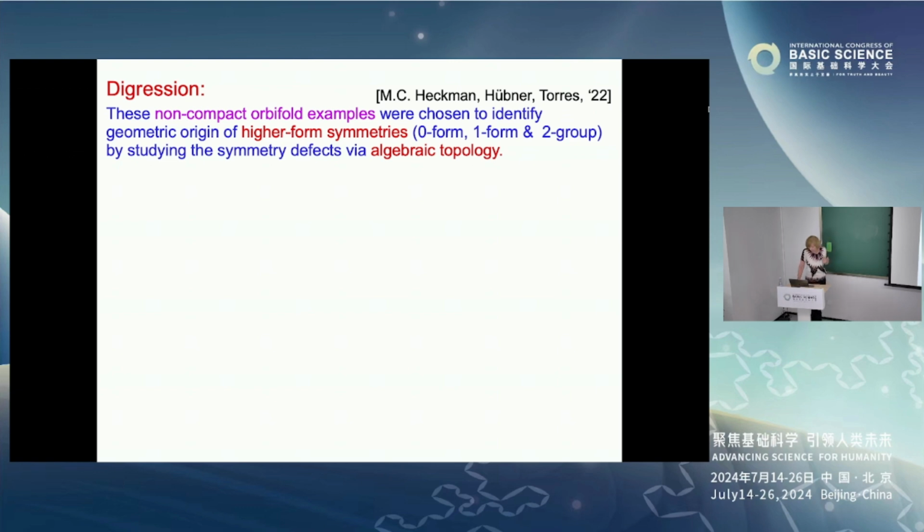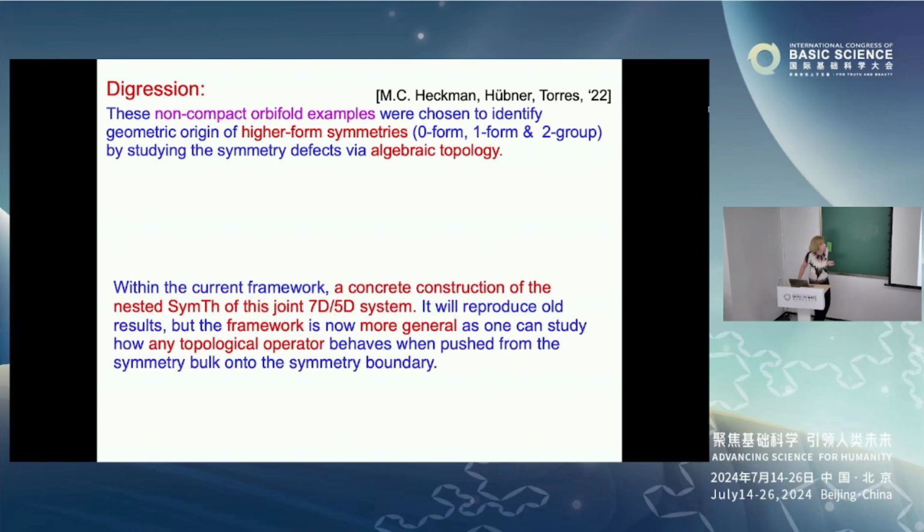I want to take now the perspective of constructing the corresponding nested symmetry theories in this 5D defect in 7D flavor field theory. Well, you would ask me, but you've already done that with some other techniques. Why is that any better?